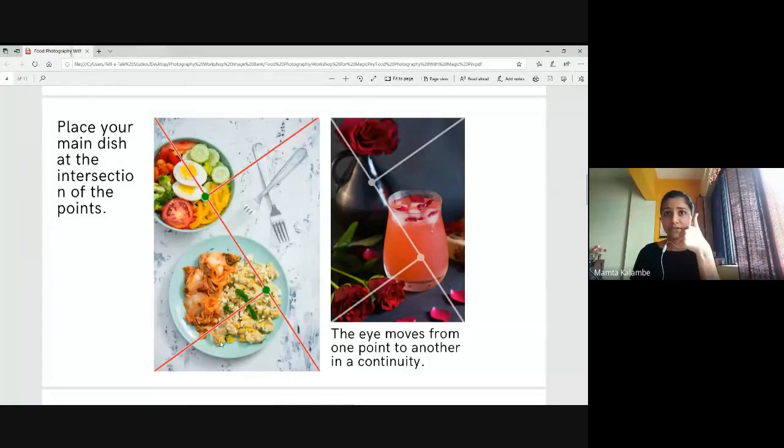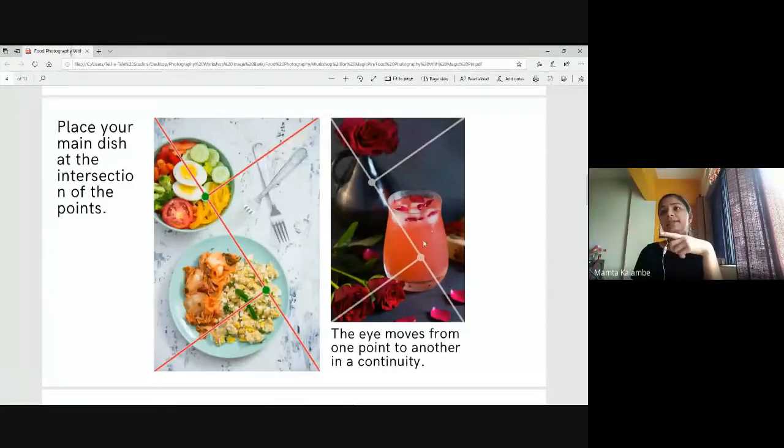The main subject mostly always comes in a larger dish, and the other elements that go with the dish come in smaller bowls and plates. So why do we do this? Because our main focus and attention is the main dish that we are shooting, right? So this is one example of how I have used the golden triangle to place my elements.